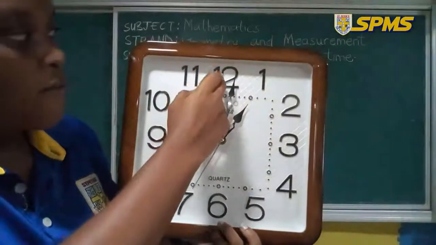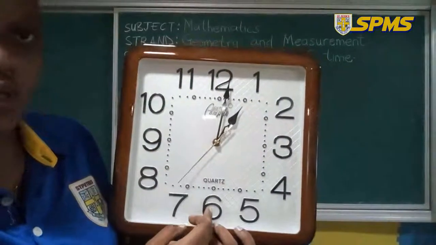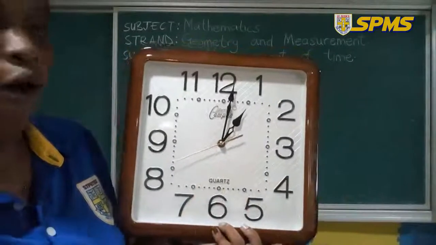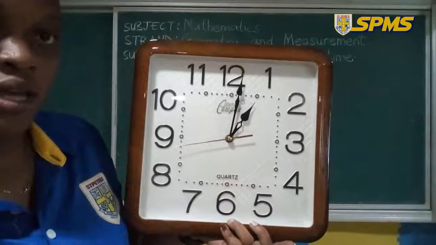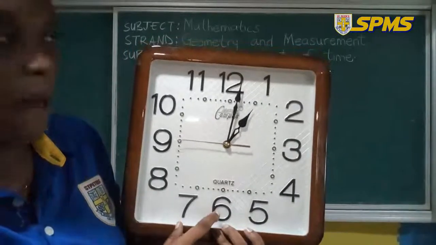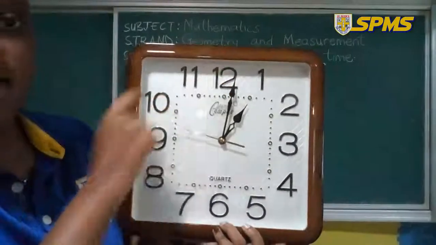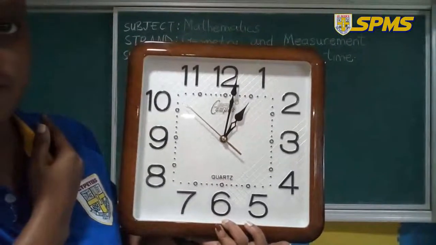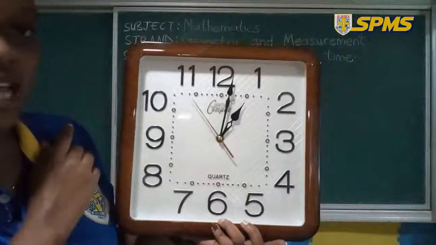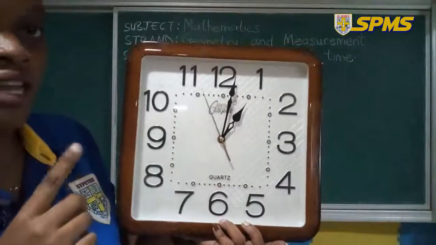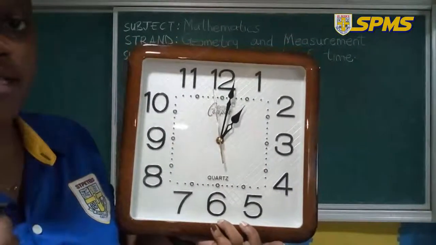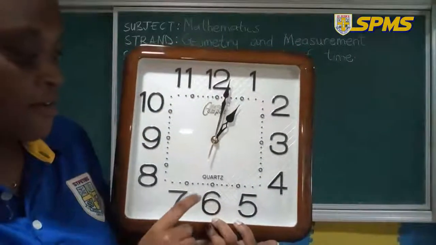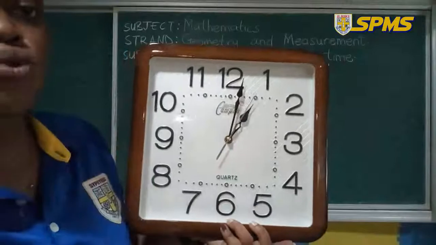So from 12 to 6 gives us one part of the clock, and then from 6 back to 12 gives us another part. So we can say that the clock is divided into 2 parts. That is from 12 to 6, and then from 6 to 12.